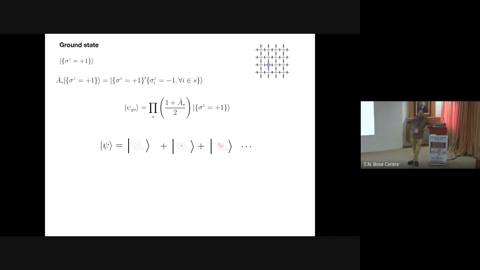So the states with no loops and states with loops, they are different. So what are the energy? They are not energy eigenstates. No, they are. This is the energy eigenstate. Yeah, but individual states, they are not eigenstates. Okay, this particular superposition, if you change the coefficients, this is no longer an eigenstate.